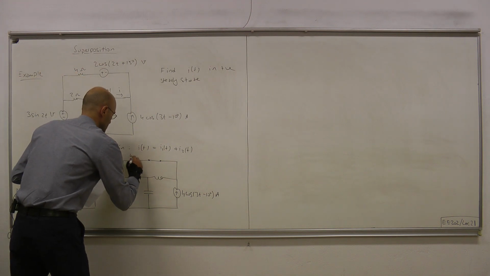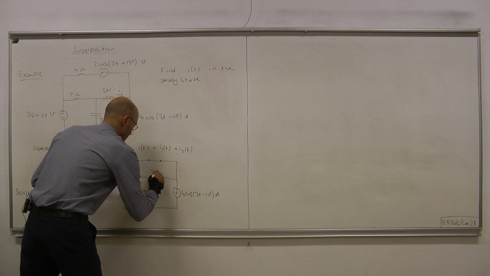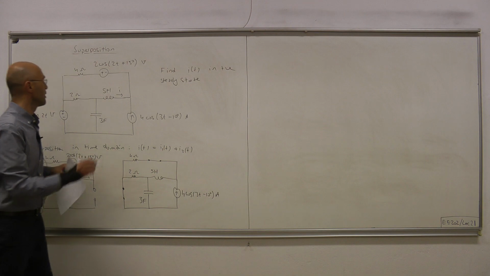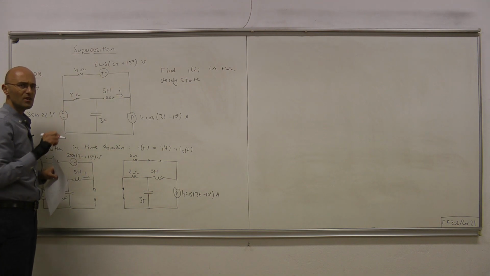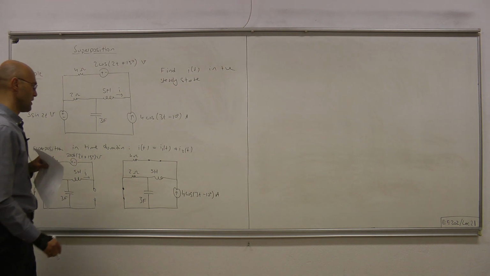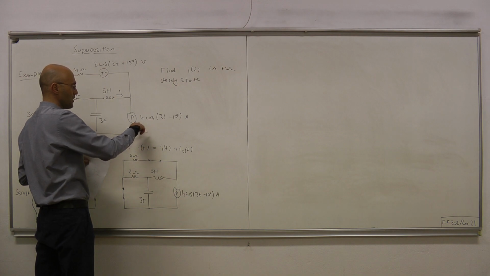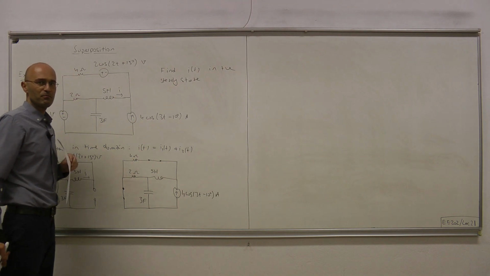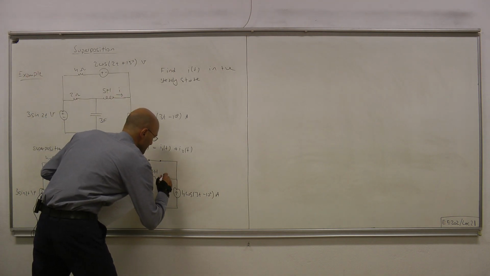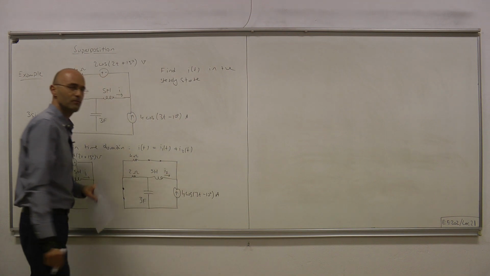This is 4 ohm, 2 ohm, 5 Henry, 3 farads. We killed these 2 voltage sources, that is, we replaced them by short circuits, and the only active input in this circuit is this current source oscillating at 3 radians per second. That will generate some component of I, and that component we're calling I2.